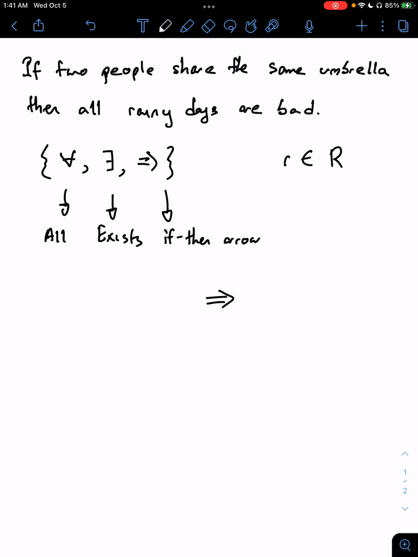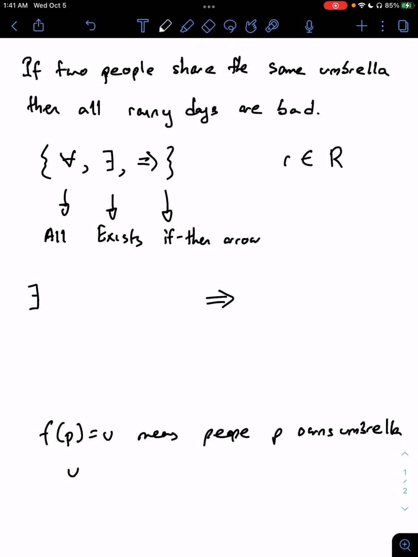So if two people share the same umbrella, from question 7, it says that f of p is equal to u, which means that person P owns umbrella U. So I think the first thing we do is make it so that the people exist.